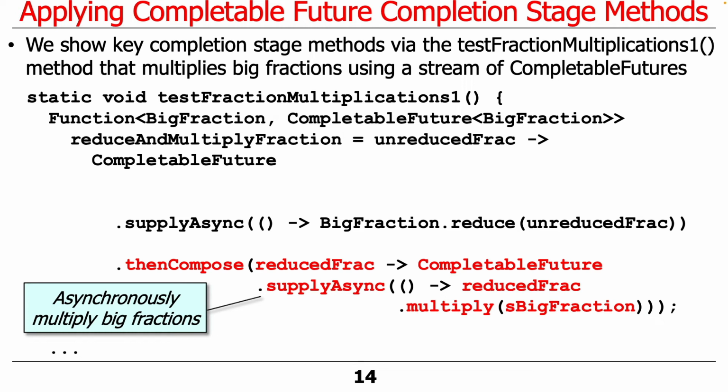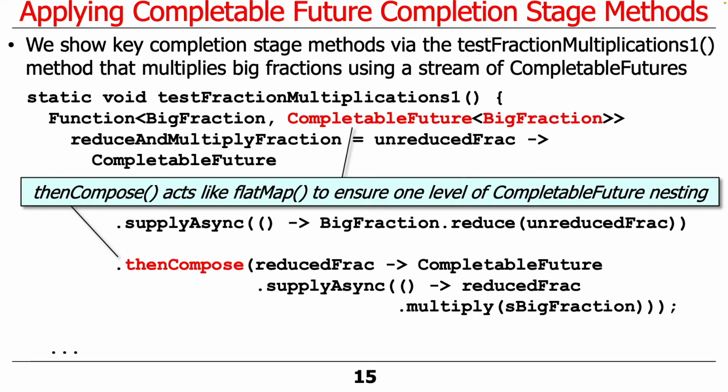The reason we use thenCompose in this particular context is because we want to ensure we only have one level of completable future nesting. If we use thenApply, we'd end up with completable future to big fraction, which is ugly and unwieldy.